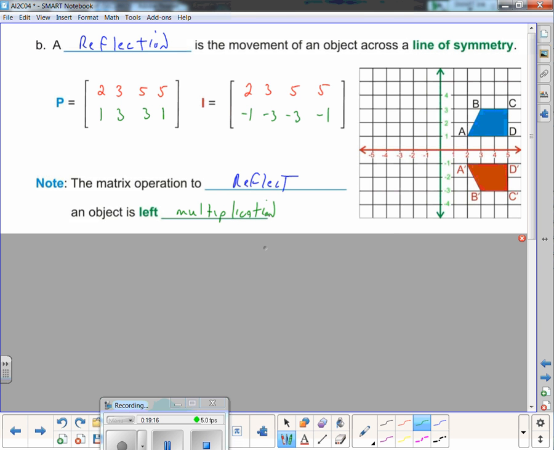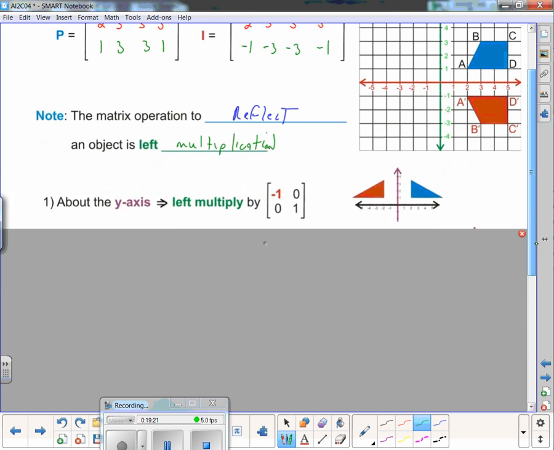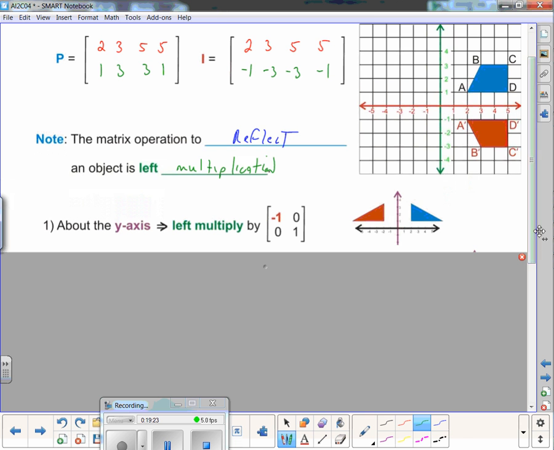And if you look down your sheet, you can see now we've got a bunch of possibilities. So number one is let's reflect it about the y-axis. What do you multiply the matrix by? By -1, 0 top row, 0, 1 bottom row.